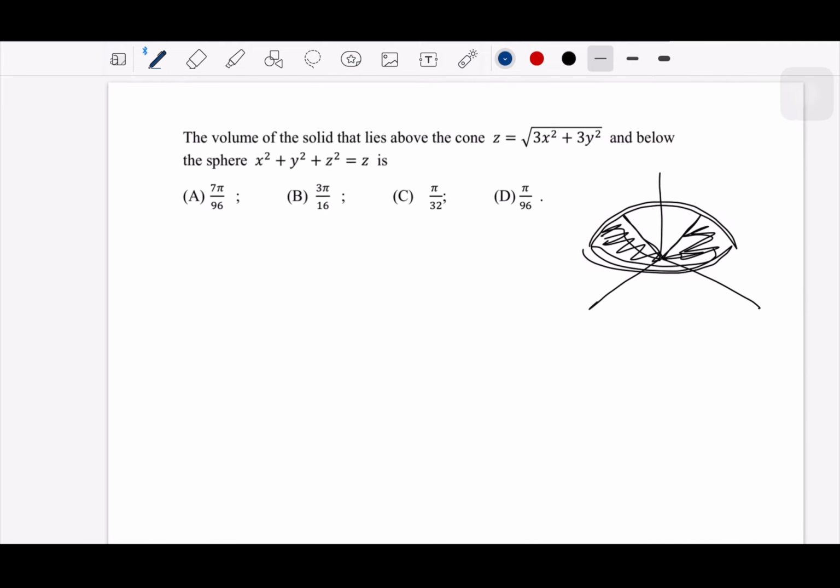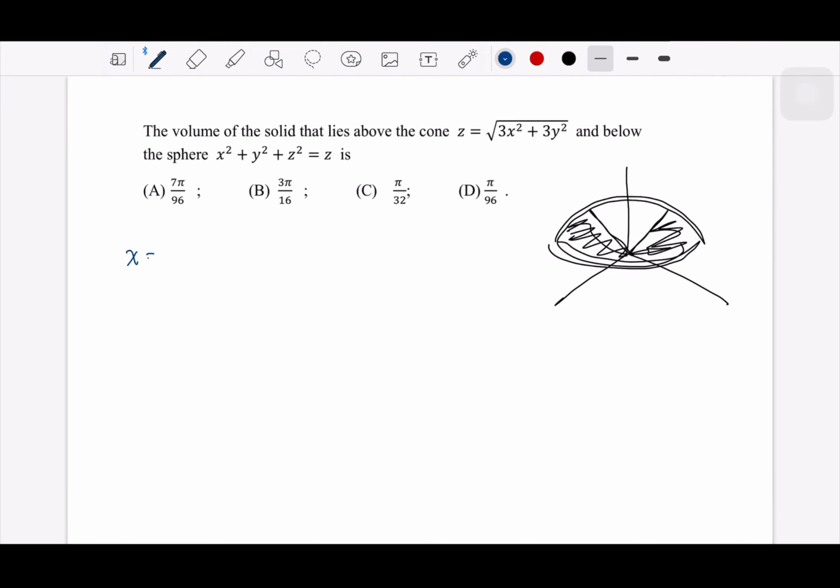Let's write down the conversion. x is rho sine phi cos theta, y is rho sine phi sine theta, and z is rho cosine phi.